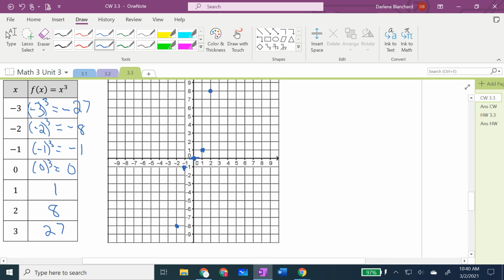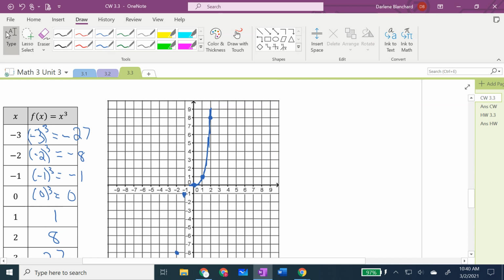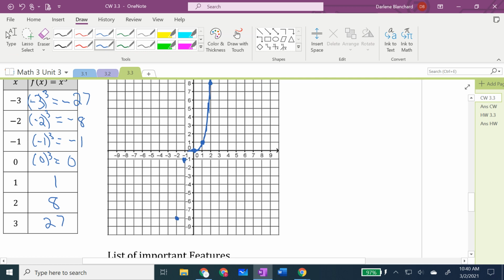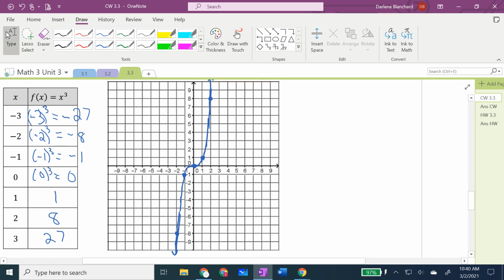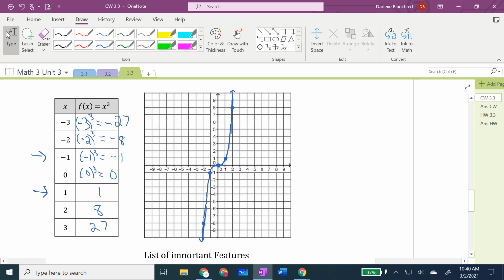It's actually a bit flat right here in the middle, but it becomes steep pretty quickly. Now you're very familiar with the graph of y equals x squared.